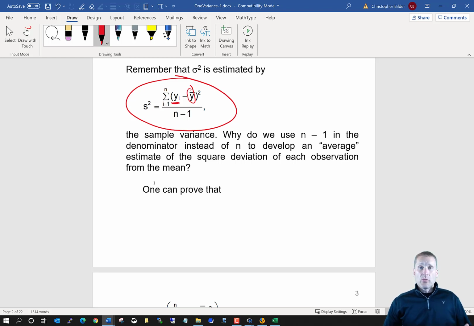The bigger these squared deviations are, the more variability. The smaller these squared deviations are, the less variability; these y's are more around the mean. And so for all observations in the data set, we add these squared deviations up, and we divide by n minus 1 to get sort of an average value of these squared deviations.